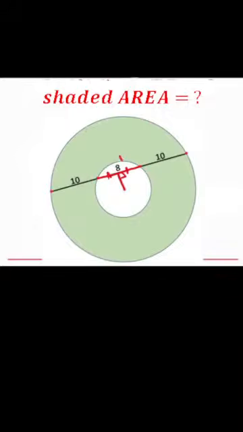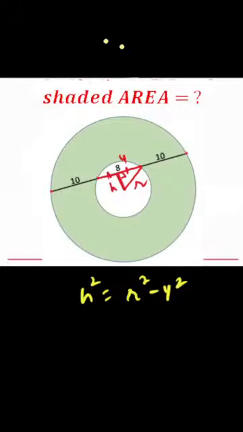Let's say the radius of the smaller circle is small r, and let's name this perpendicular distance h. So we can write that r square is equal to h square plus 4 square, and from here h square is equal to r square minus 4 square using the Pythagorean theorem.